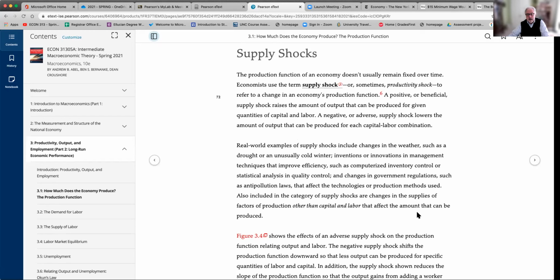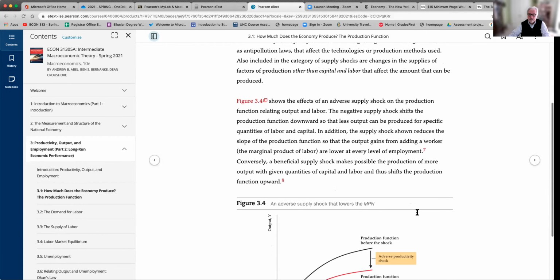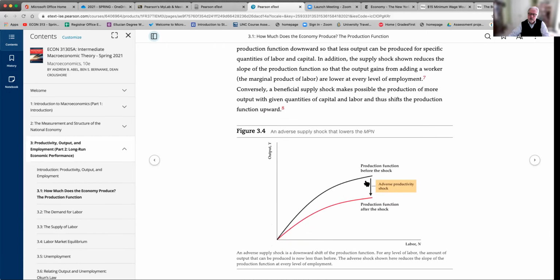A supply shock in that case would mean that we're changing A or we're changing K. And when we do that, the production function itself will shift. But notice that when the production function shifts, it still goes through the origin, so it really tilts up or tilts down.